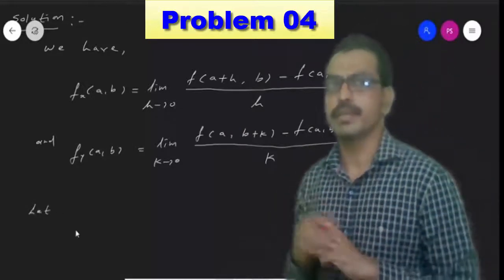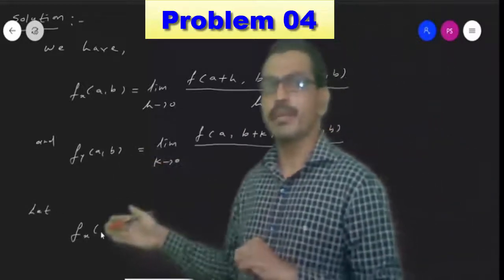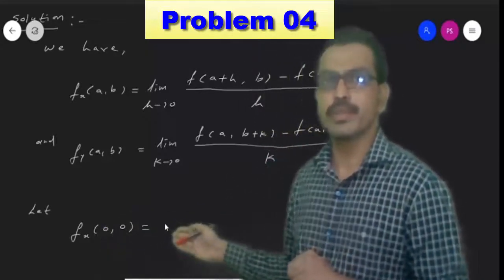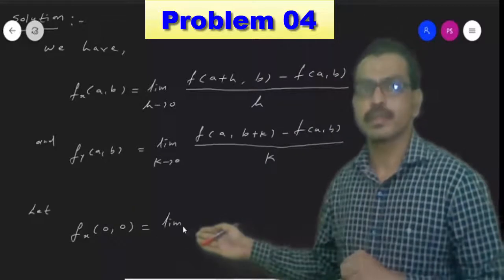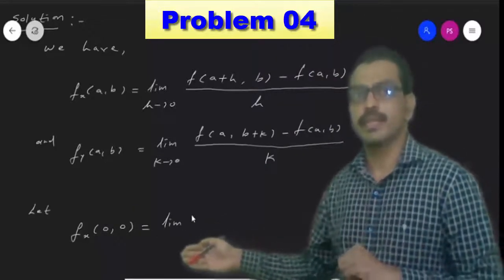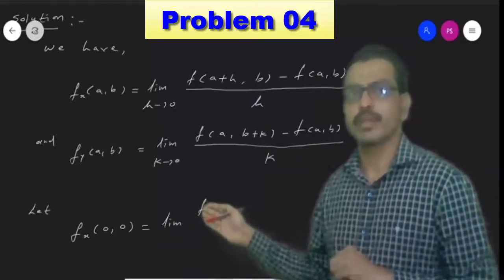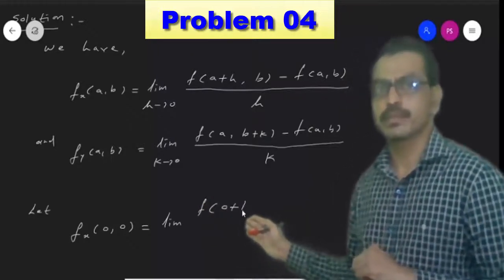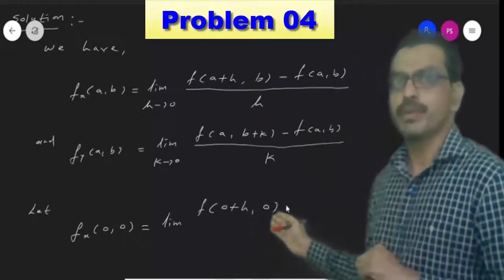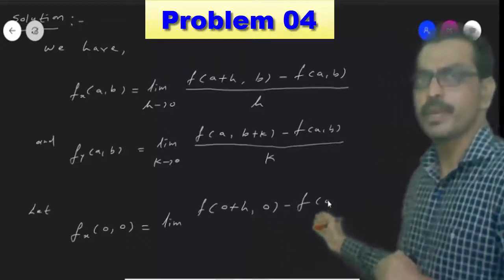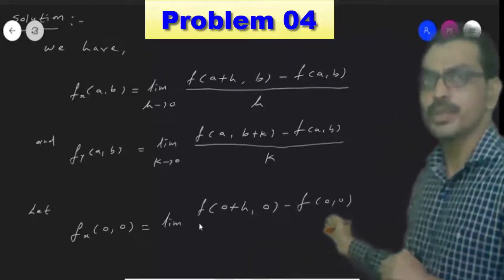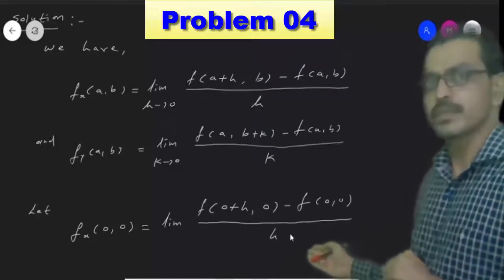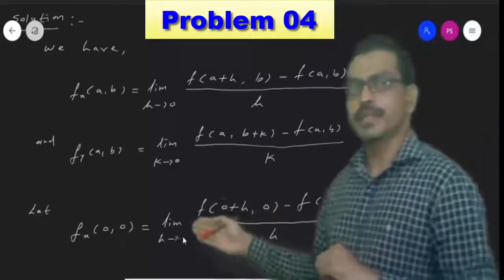First, let f_x at (0,0) be equal to the limit as h tends to 0 of f(0+h, 0) − f(0,0), divided by h, as h tends to 0.